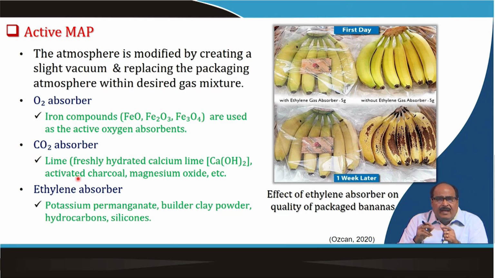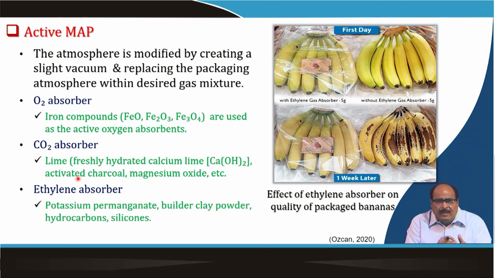Now, active modified atmosphere packaging. Here the atmosphere is modified by creating a slight vacuum and replacing the packaging atmosphere with the desired gas mixture. Active packaging and intelligent packaging we studied in the earlier class. Here the modification of the atmosphere is done actively by use of an oxygen absorber, carbon dioxide absorber, or ethanol absorber.